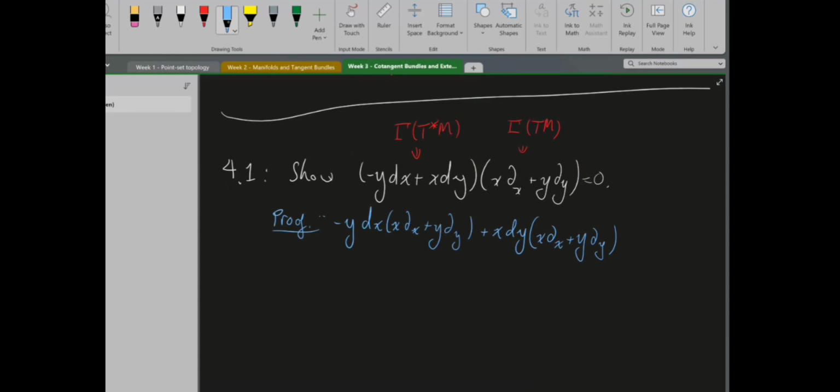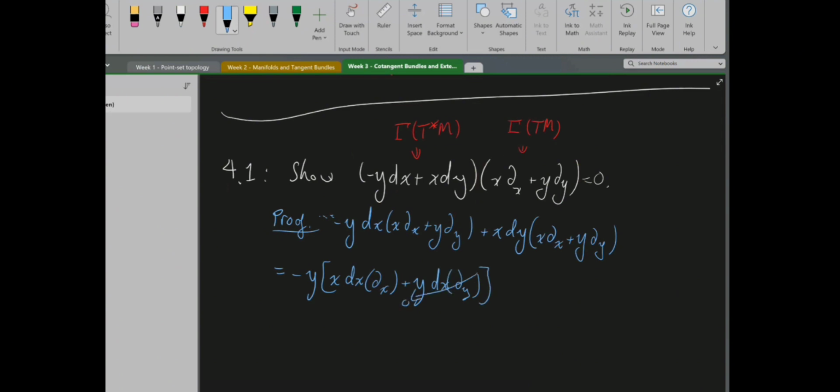The thing we're trying to show is 0. Now, you can just think of it as a selector for this only. Or you could do the proper algebraic thing and say, well, dx distributes, because we have a sum here, a linear combination. So that becomes x dx del x plus y dx del y.